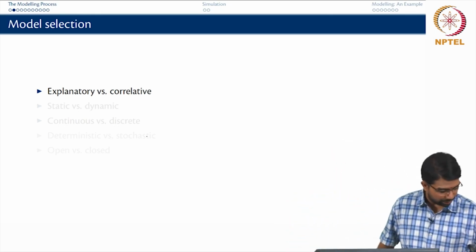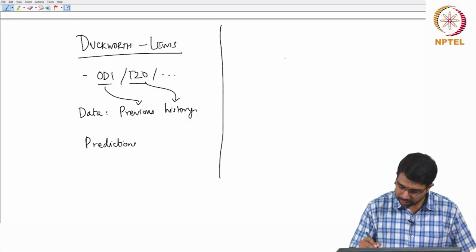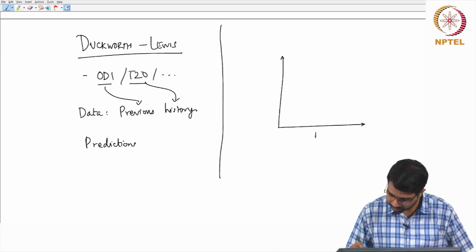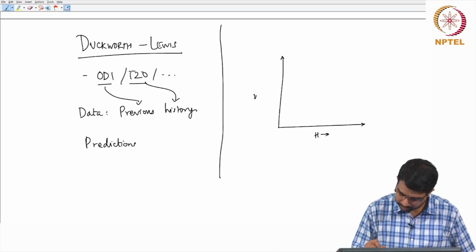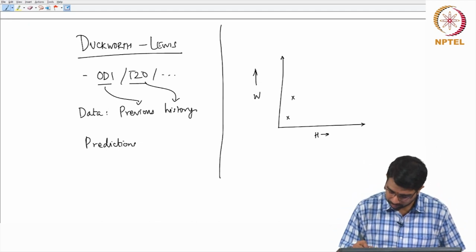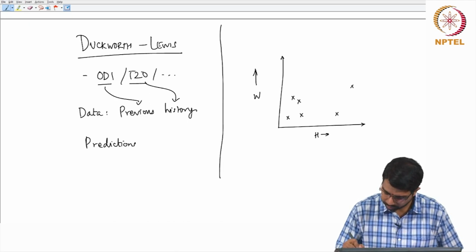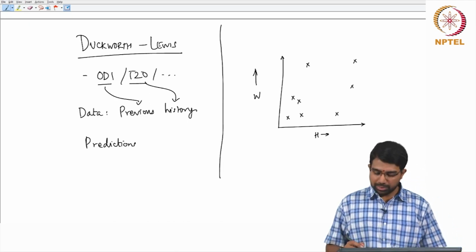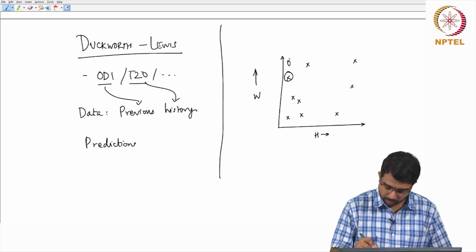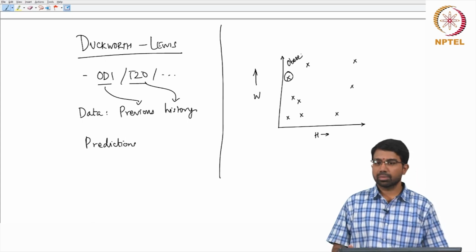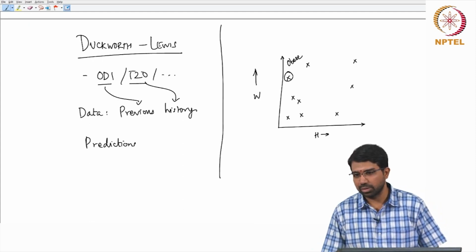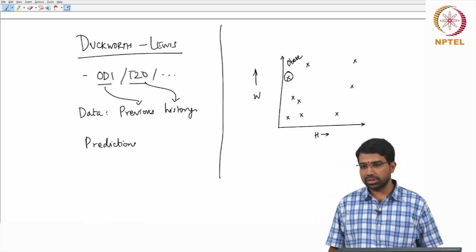So, a simple example would be, let us say this is height and this is weight, right, and you have people who... and you may be able to say that somebody who has very low height and very high weight is obese, right, or may have some other propensity to get a particular disease, right.